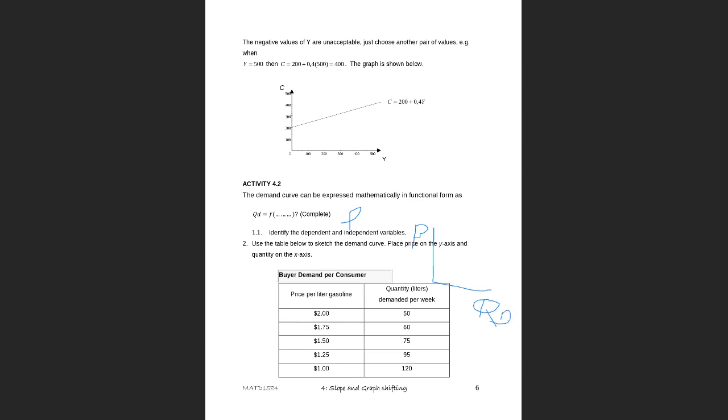But let us remember that if you are writing the actual equation, QD will become your dependent variable and it will be a function of P, which will be your independent variable. Please, do we get a distinction here?